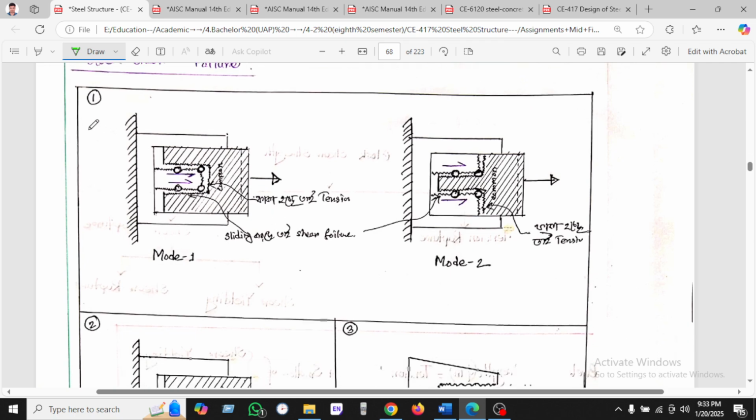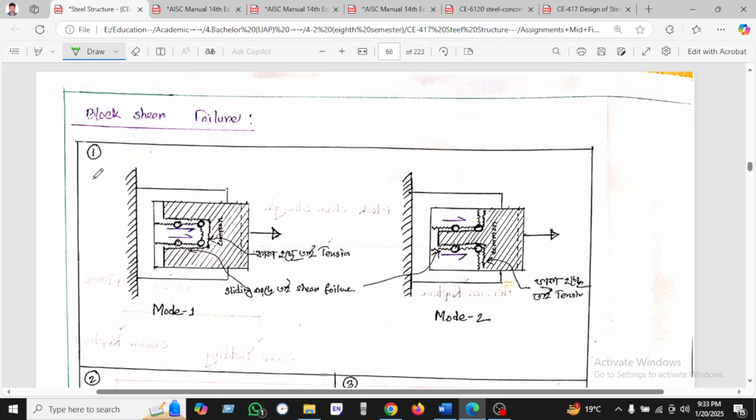Let's see how block shear failure happens. You can see this is the plate and angle. We have been seeing two types of mode. A mode is the path along which the failure occurs. We see the rupture or tearing of the shaded portion coming out from the bolt.